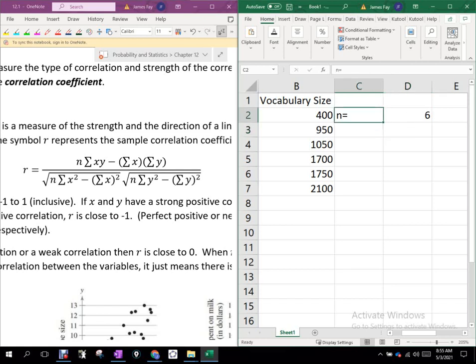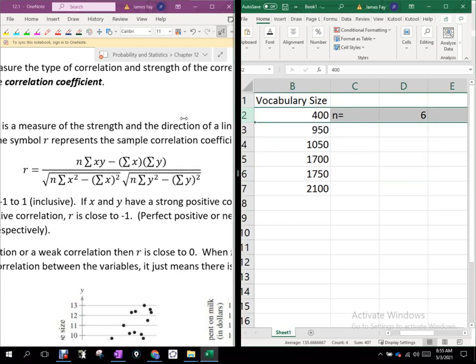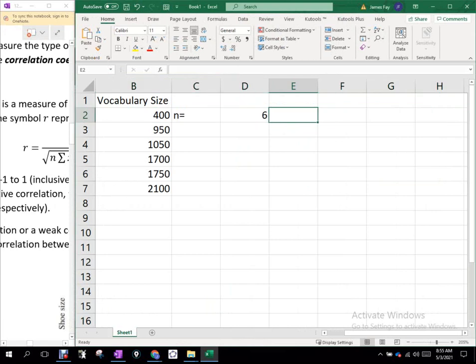The next thing we're going to do is find the product of X and Y. Okay, so let's go. I'm just going to write, and I don't know the way that seems best in regards to the organization of our cells here.